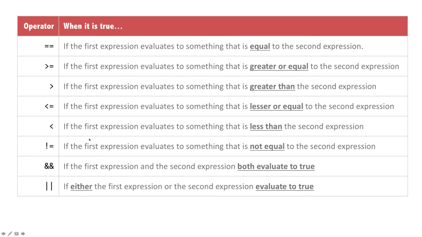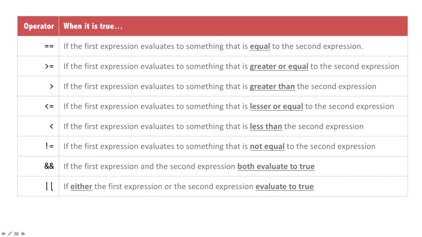The last three are a little bit more bizarre. If this is the first time you're seeing all of this, you'll need to put in extra effort memorizing it. The first one means not equal to. Is the first value not equal to the second value? The next one is the double ampersand, which means are they both evaluated to true? Is the first value equal to true and the second expression equal to true? If they're both true, then the combined expression evaluates to true, and the combined expression is something you calculate with the double ampersand.